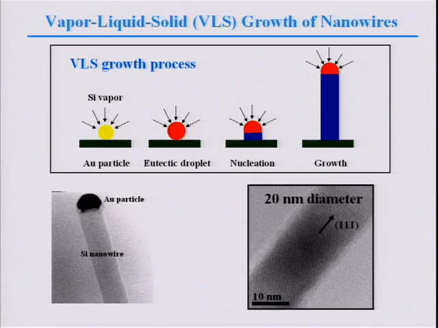So using this property, at about 400 degrees C you can add silicon into gold and make a liquid droplet. If you keep adding silicon into this droplet, the silicon supersaturates, nucleates, and grows into a one-dimensional nanowire structure. It's this tiny droplet size that defines the nanowire structure.